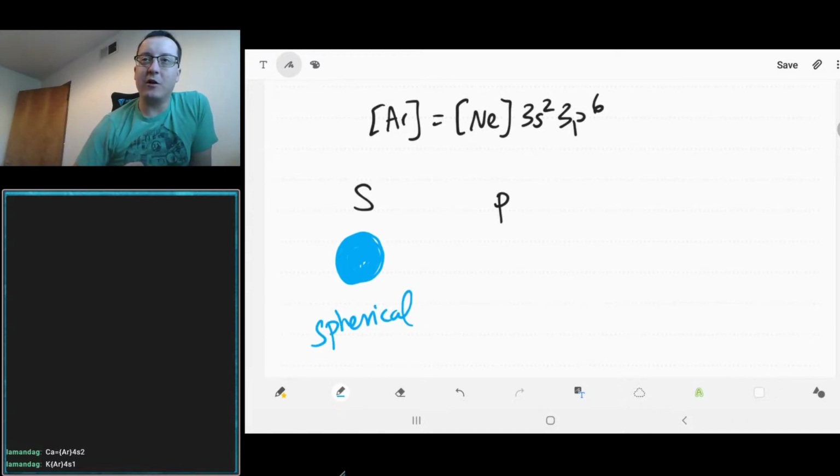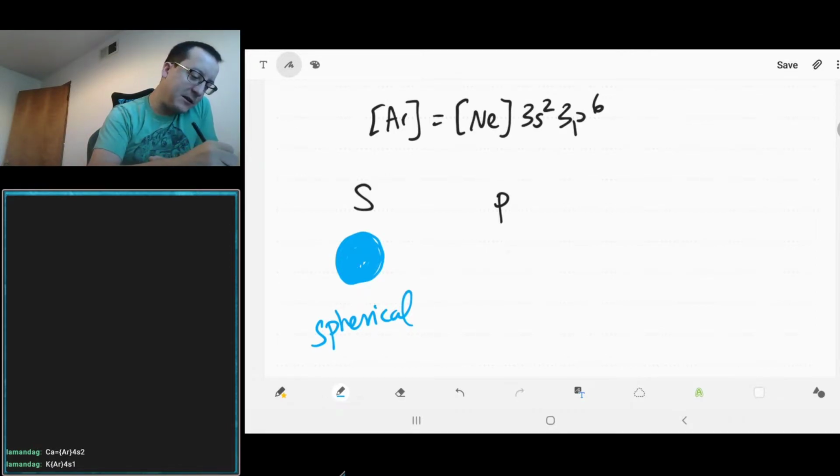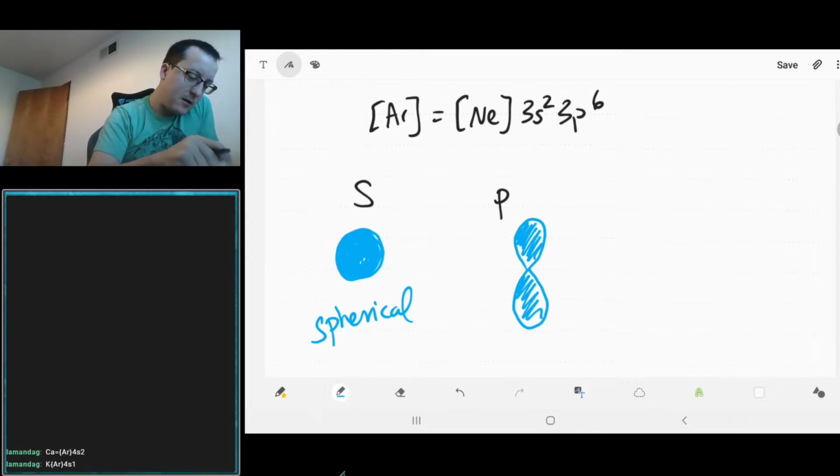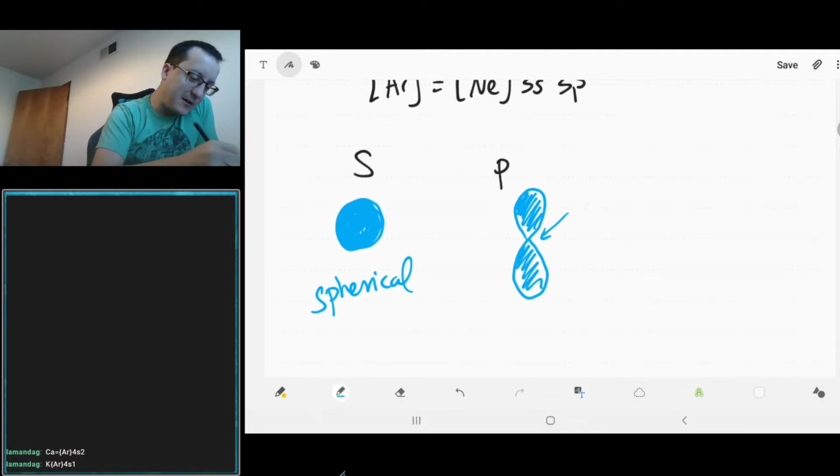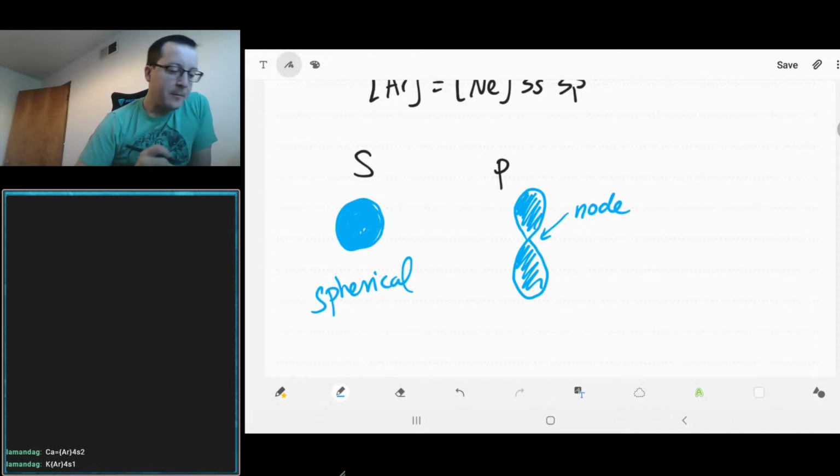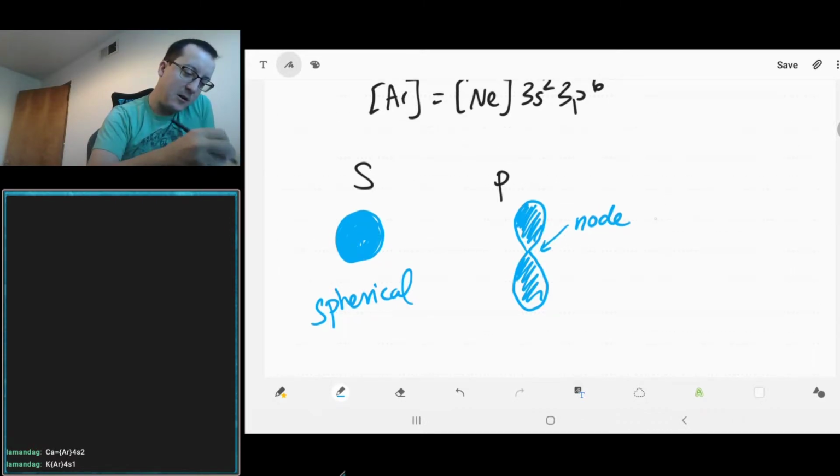So that's our usual one, right? However, it turns out that the p orbitals actually look like little dumbbells. And they have in them what's called a node, an area where you'll never find an electron.